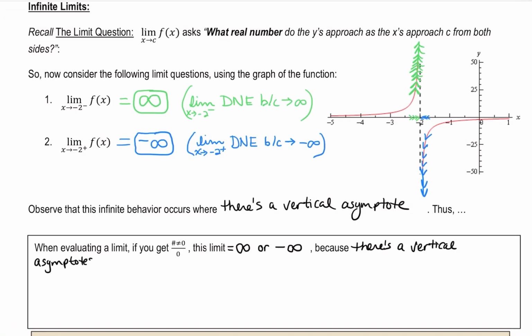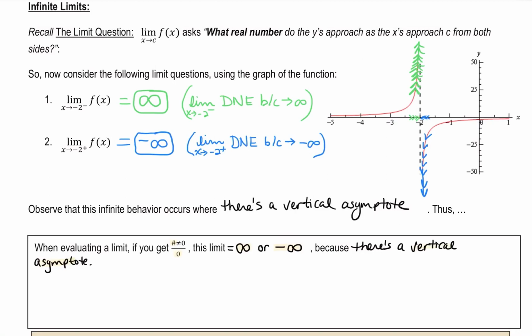So again, we're going back to our knowledge of even pre-calculus of realizing this behavior of getting a non-zero number over 0, and that meant there was a vertical asymptote. And now we're connecting that my limit is either going to infinity or negative infinity.